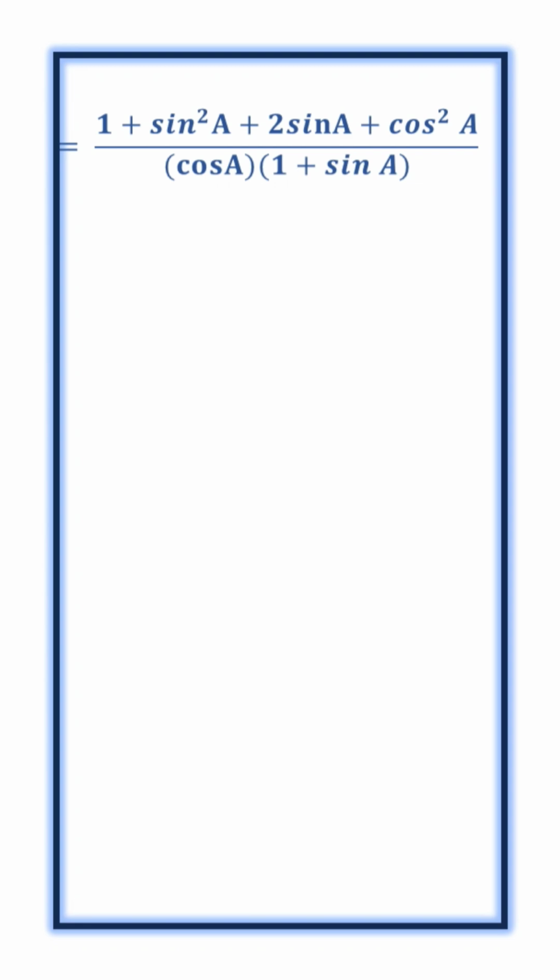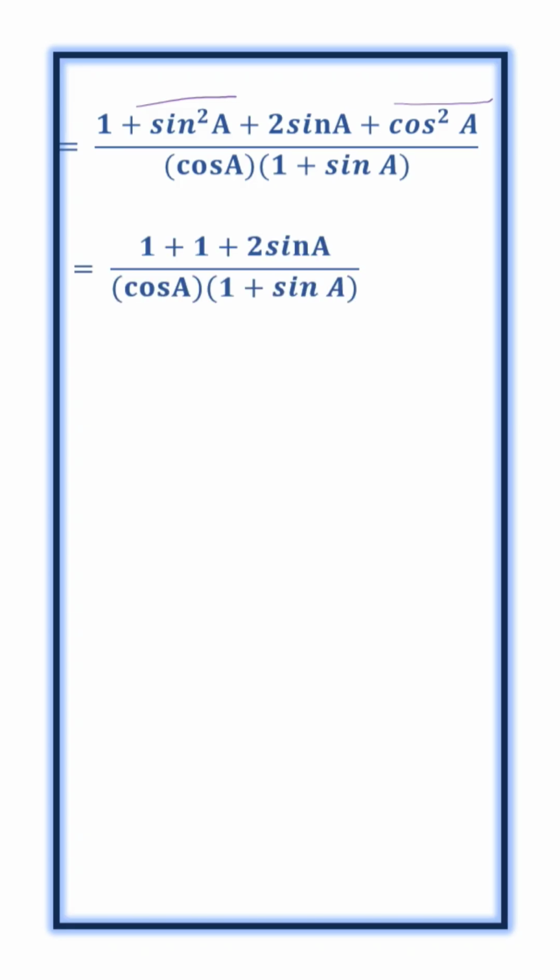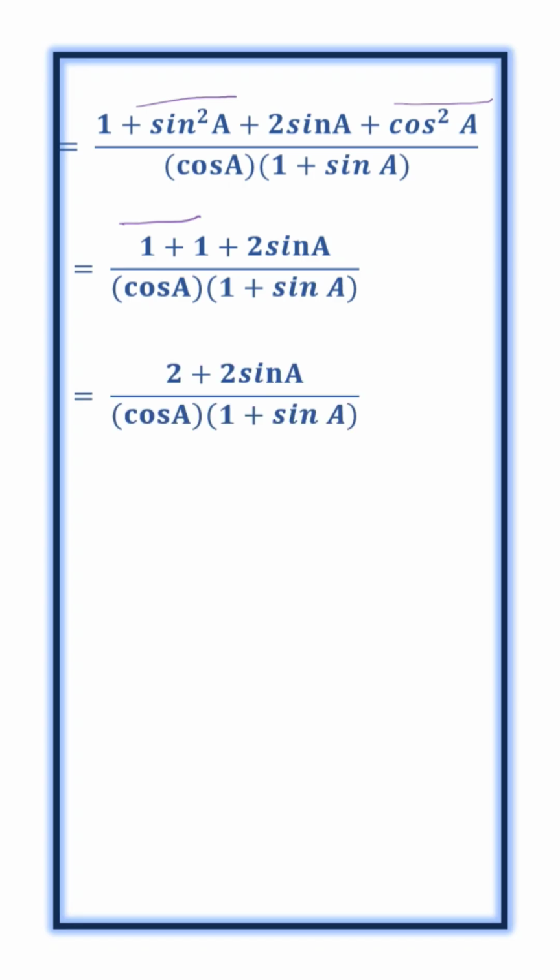If you add these two, you will get 1. So 1 plus 1 plus 2 sin A upon cos A into (1 plus sin A). 1 plus 1 is equal to 2. So 2 plus 2 sin A upon cos A into (1 plus sin A).